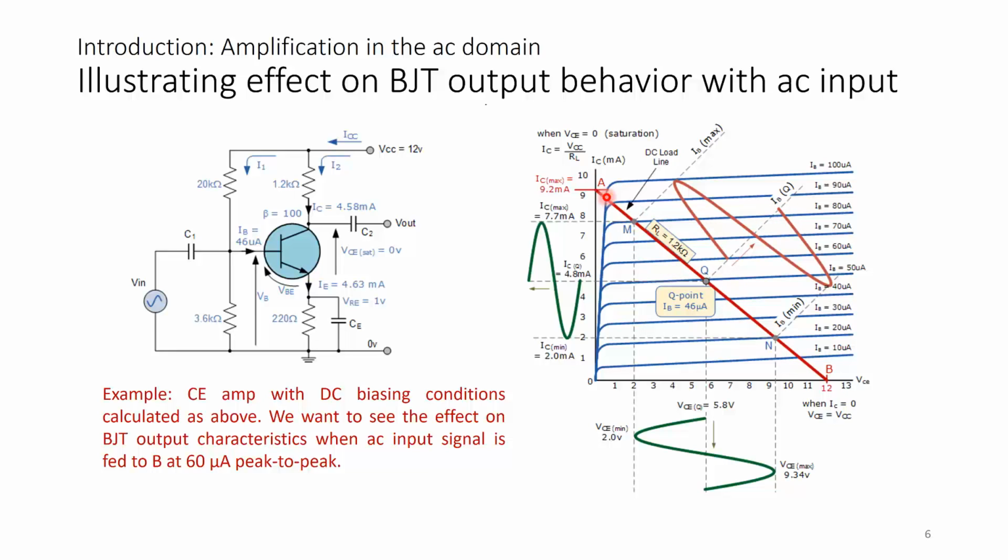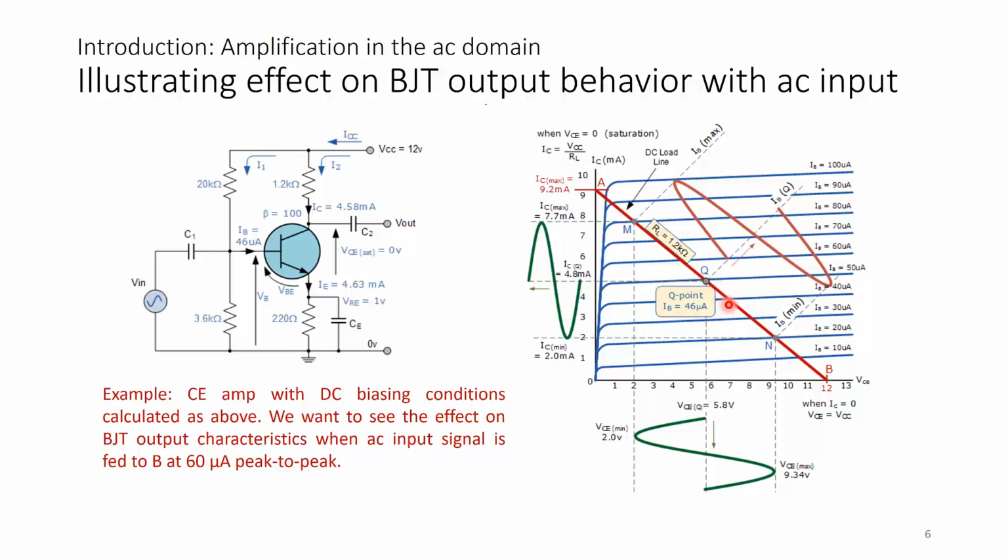When that happens to IB, what happens to IC is such that when it is at 80 microamps, IC is now 7.7 milliamps. When it goes back to 46 microamps, IC is 4.8 milliamps at the Q point.